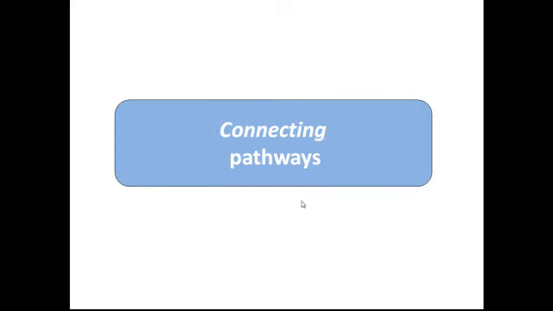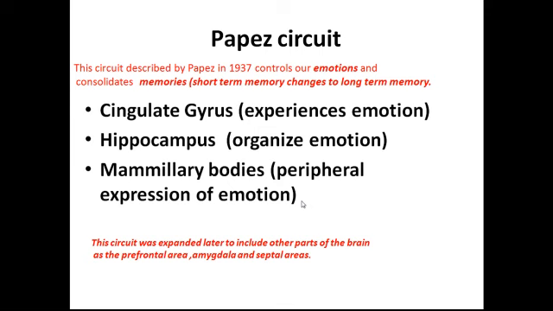What are the connecting pathways connecting the different parts of the limbic system? We can see these connecting pathways if we discuss Papez's circuit. This circuit was described in 1937, and it was thought to control our emotions and consolidate our memories, meaning it changes the short-term memory into long-term memory.